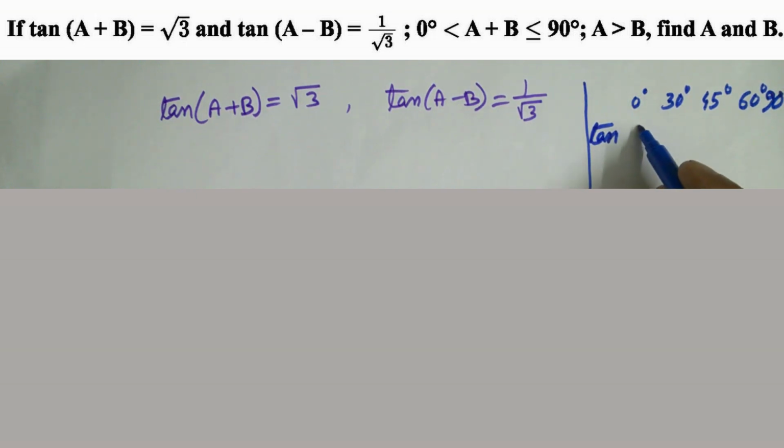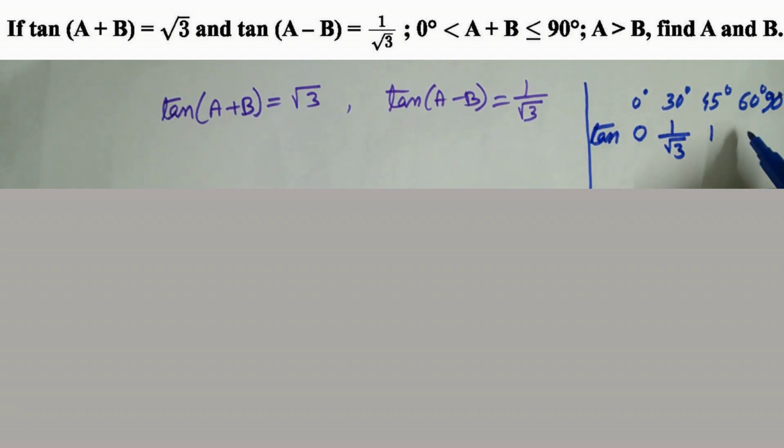Tan of 0 degree is 0, from the trigonometrical formula. Tan of 30 degree is 1 by root 3. Tan of 45 degree is 1. Tan of 60 degree is root 3. Tan of 90 is undefined, symbolically written by this.